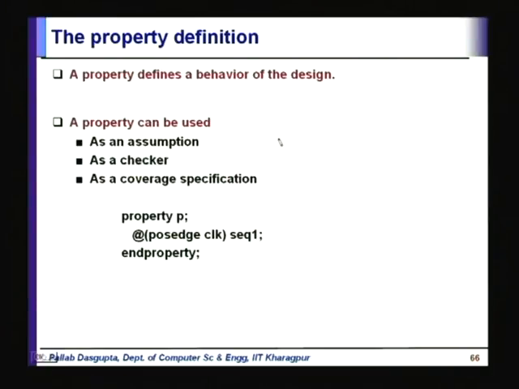The general syntax of a property is like this: you have property P at passage of clock, or at any event, we have sequence 1, which is some sequence expression, and end property. This is a typical structure of a property. Now, what do we mean by assumption, checker and coverage specification? That is what we are going to look at in the next few slides.